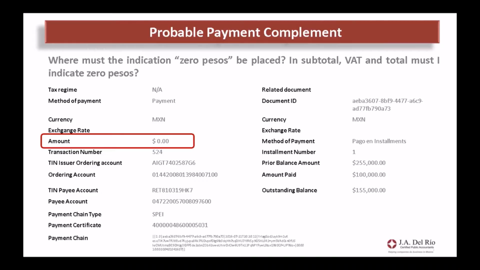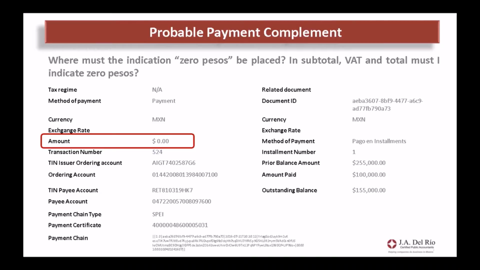It is likely that the authorities release it in the following weeks. So we have no idea what this complement is going to look like. However, by the wording of the rule, we can foresee that it might look something like this.